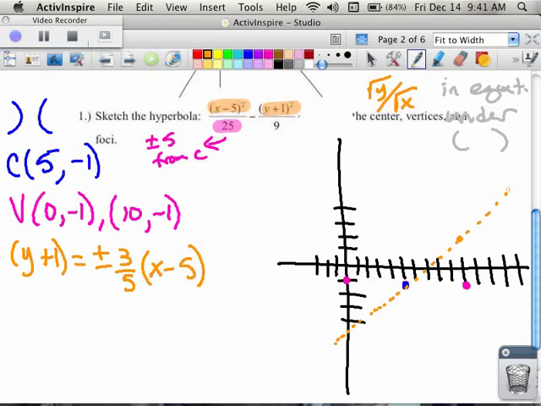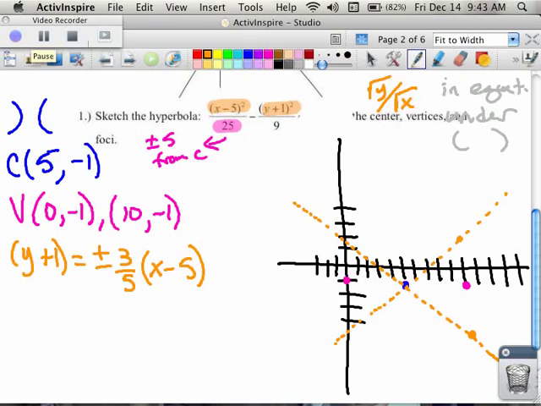The other part of my point-slope formula, where I have two asymptotes in the orange, means that I would go down 3 and right 5. So from my center, I go down 3, 1, 2, 3, and right 5, put a dot, and that's the second dot for my second asymptote, which also goes through the center, which would now look like this. So now I have two asymptotes that came out of the orange equation.